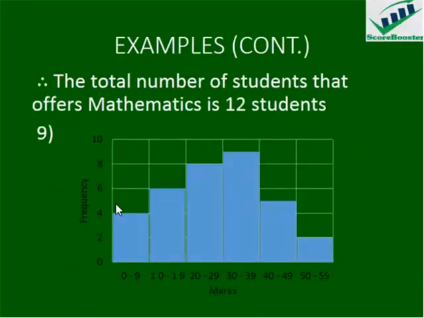So we sum this 4, plus those that had marks between 10 and 19, then 20 to 29, 30 to 39, 40 to 49 and 50 to 59. For 0 to 9, we said it's 4, which is the height of the bar. 10 to 19, 6. 20 to 29, 8.